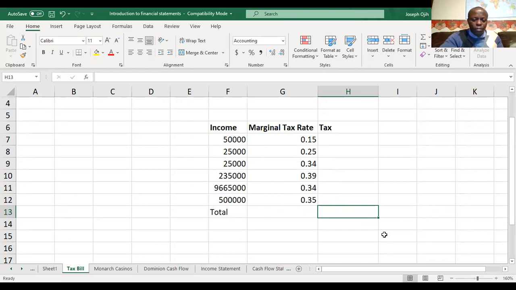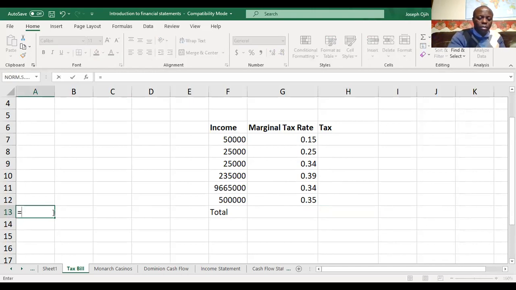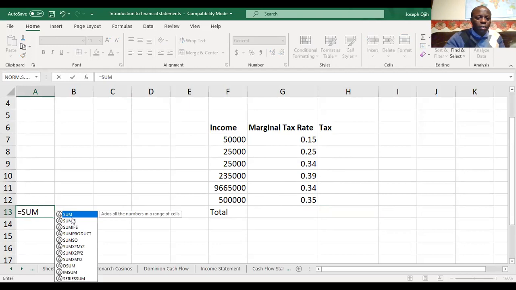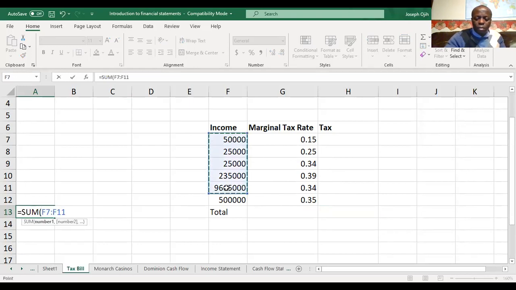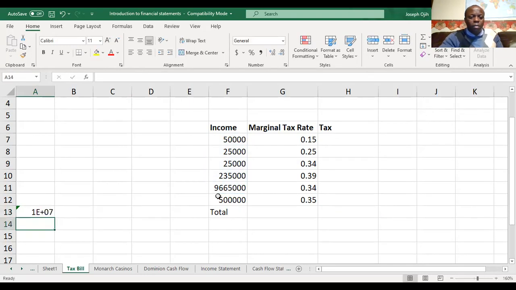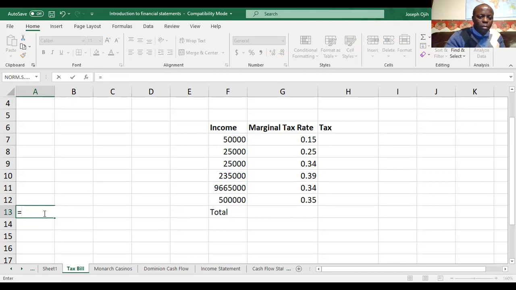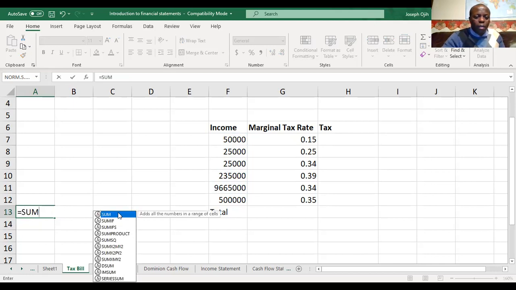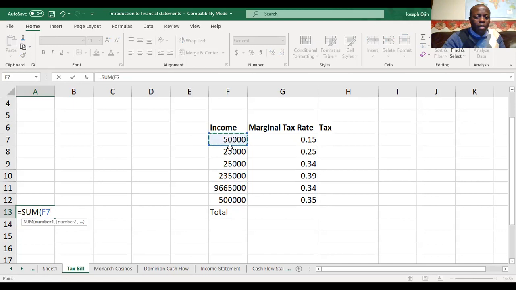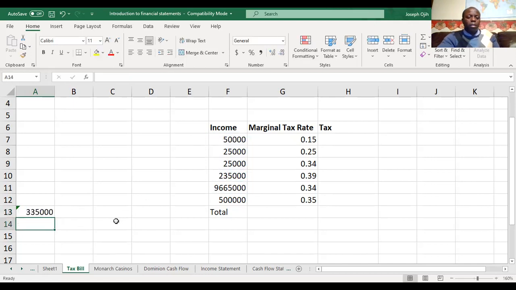So if you look at this, you add all of this, from here to this place, and it will equal the sum.